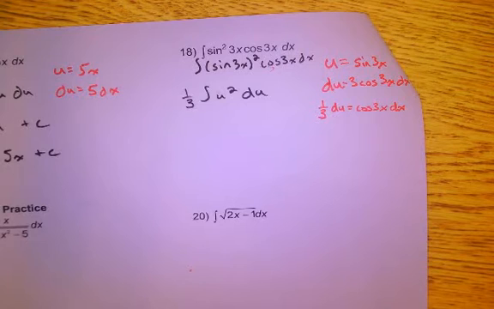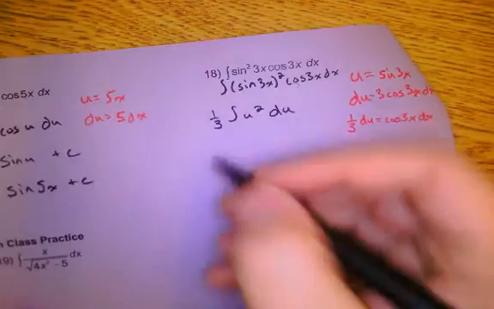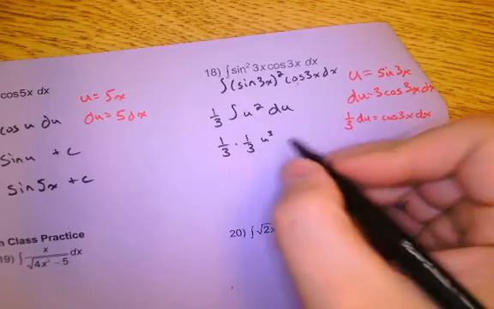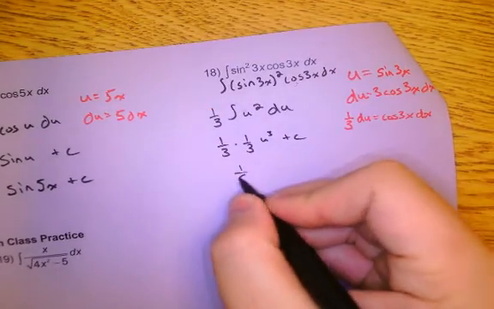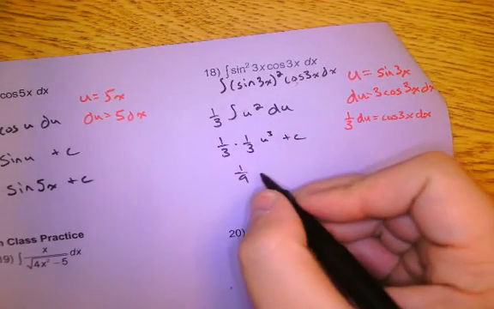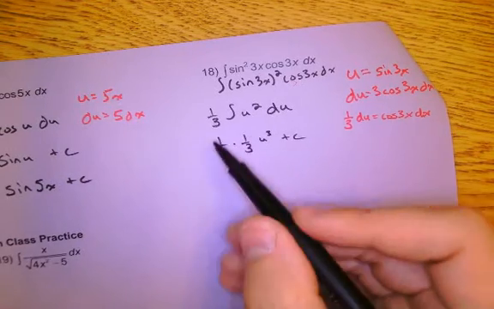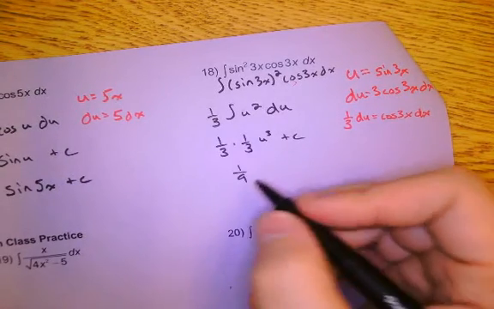Looking good. A little better than yours, Jonah, right? A little bit cleaner. Well, it's okay. Part of U-sub is just trying it out. If it doesn't work, no one to abandon ship. Antiderivative of u squared is 1/3 u to the third plus c. So it's going to be 1/9, because the other 1/3 is still out in front.